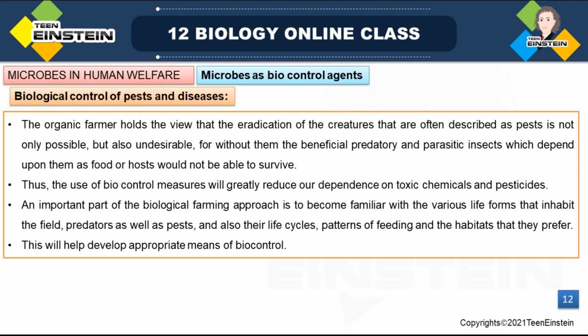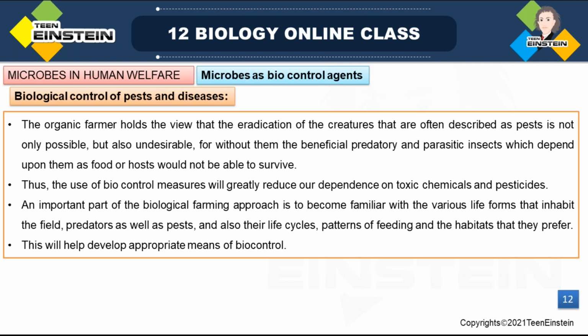This mutual controlling of organisms, the biocontrol measures, helps to stop or reduce the usage of sprays and pesticides and other chemicals.